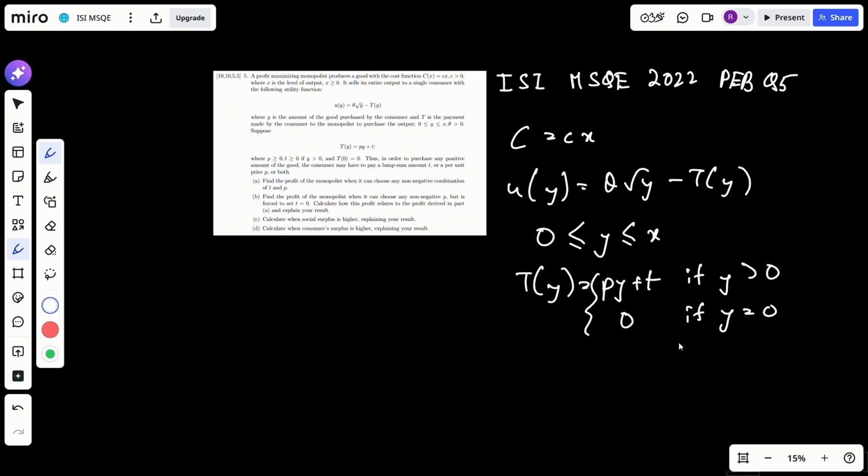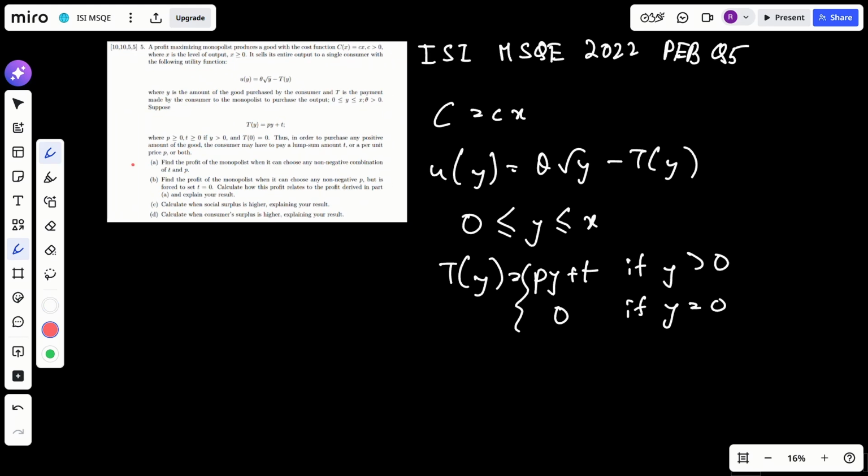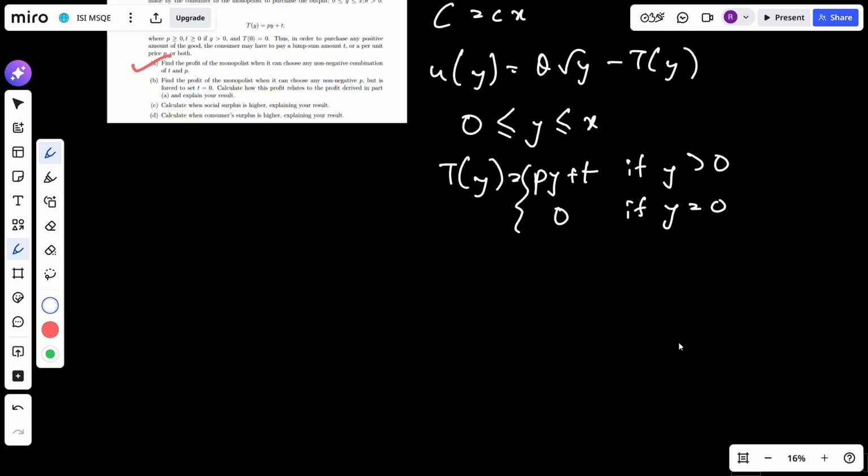Now let's do the first part, which is find the profit of the monopolist when it can choose any non-negative combination of T and P. So first, we need to think from the consumer's perspective. What will the consumer do?